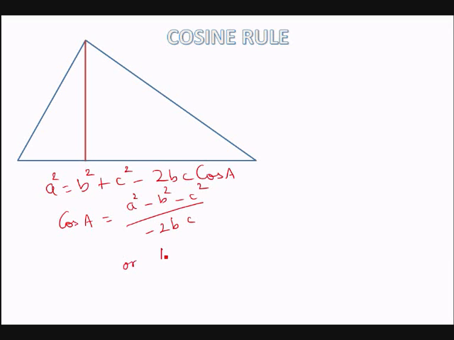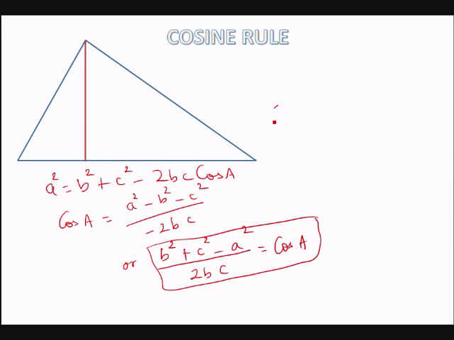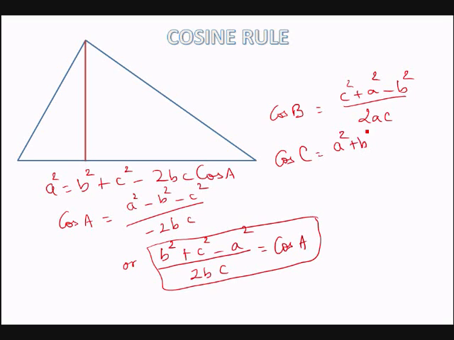Or I can write it as b square plus c square minus a square over 2bc is equal to cos A. The same way we can also find cos B and cos C. Cos B will be c square plus a square minus b square over 2ac, and cos C will be a square plus b square minus c square over 2ab. All these three formulas are derived from the cosine rule.